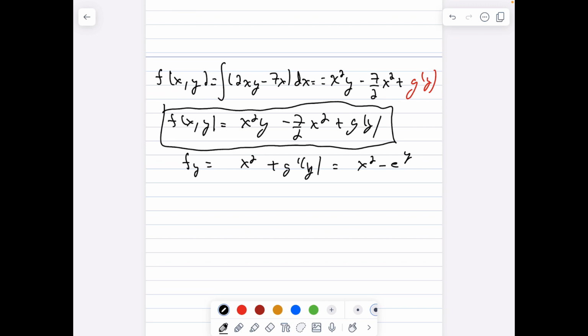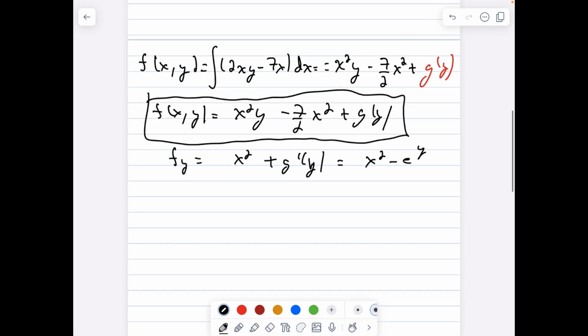As I said, we need to find g of y. And the only other piece of information that I have is the partial derivative of y, what it's supposed to be, which is x squared minus e to the y. So if I claim my function is given as, have it in my box, well, the partial derivative of that has to equal the partial derivative of what we're claiming here. So that's why I'm setting these equal to each other.